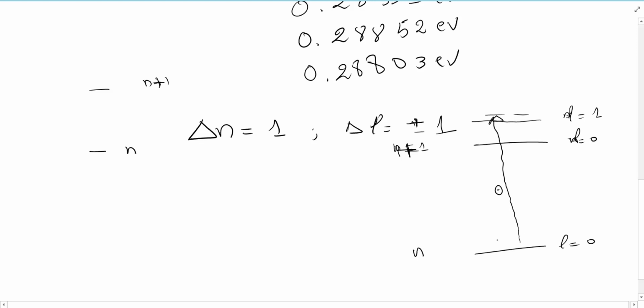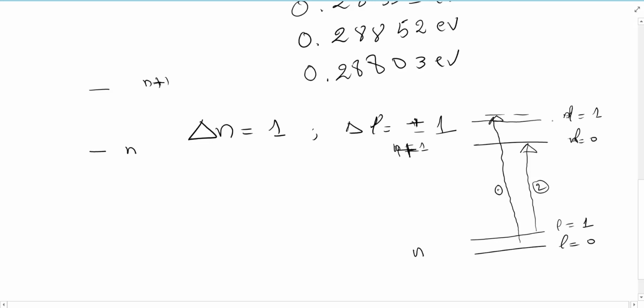The other possibility is a transition from L equals 1 in the energy level n. In that case, we can go from L equals 1 to L equals 0, and that is possible too. So that's another line, because we changed n by 1 and we also changed L by positive or negative 1, in this case negative 1.